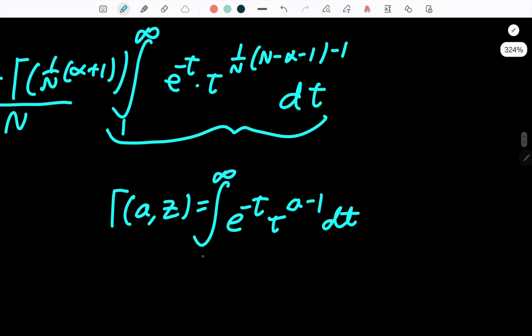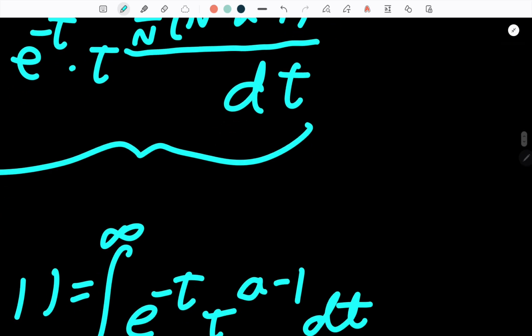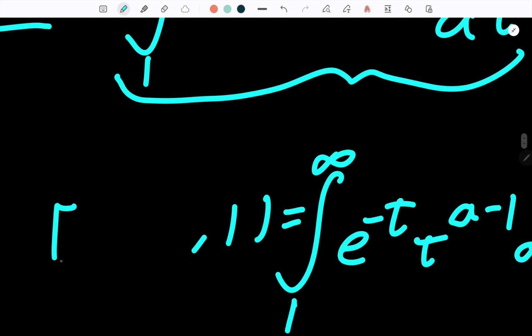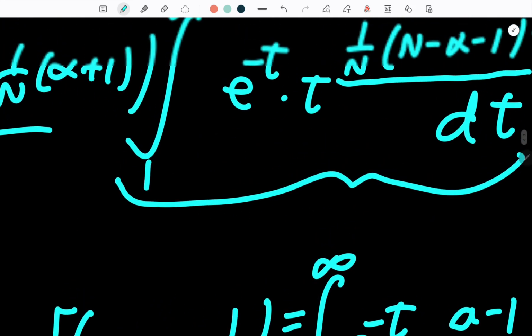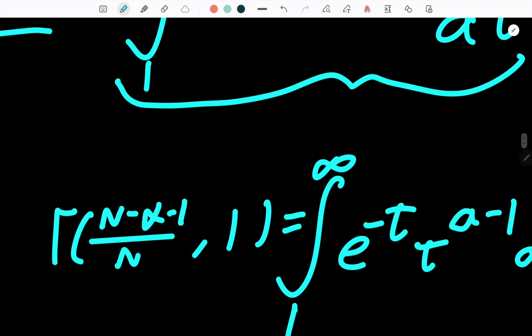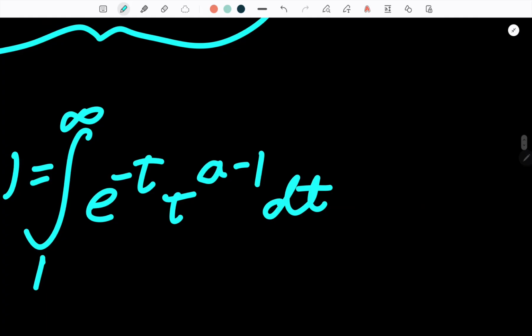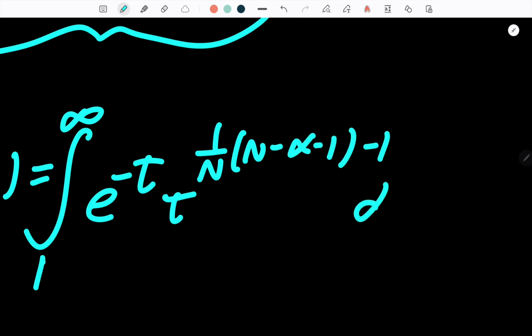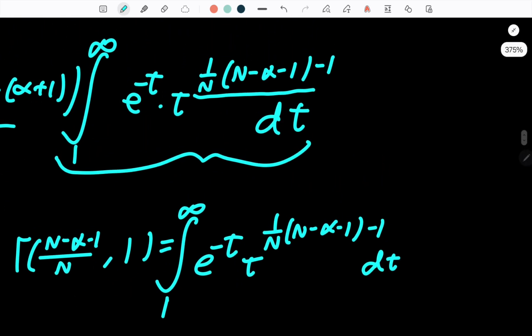And if we let z equal 1, and then a equal this guy, so let me go ahead and give myself some room. Gamma of what exactly? N minus alpha minus 1 over n. Okay, n. There we go. I need some more room. 1 over n times n minus alpha minus 1, and then minus 1, and dt. We have identical integrals. There we go.